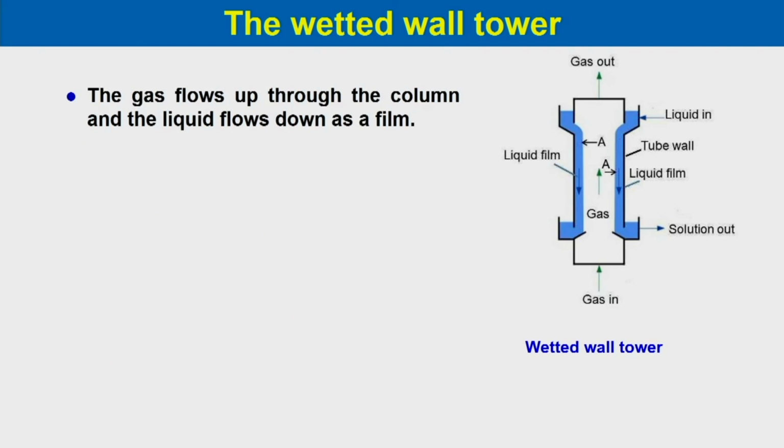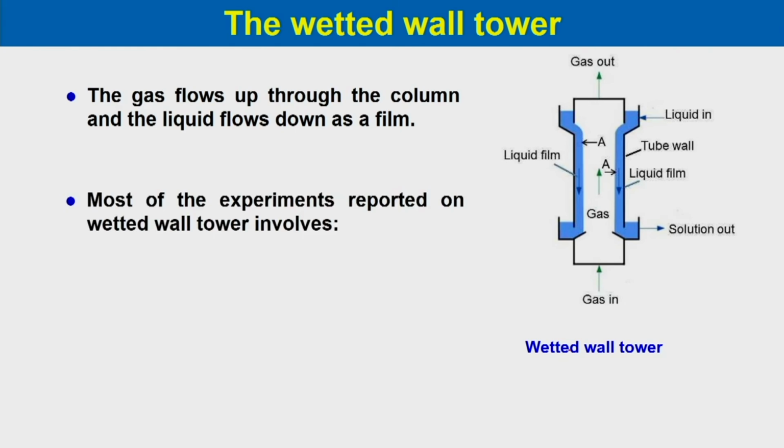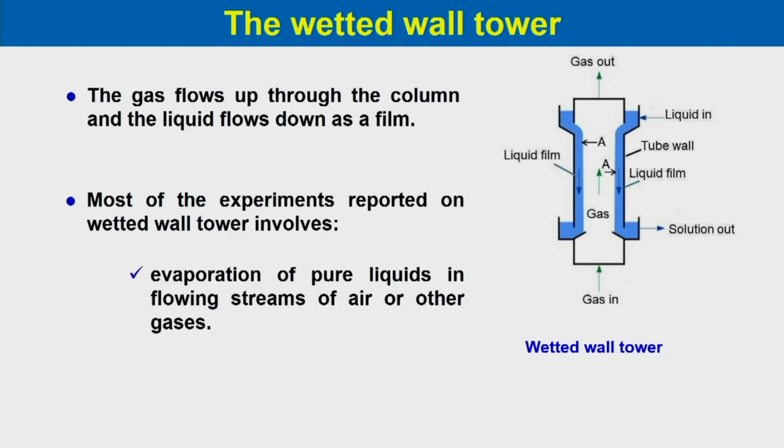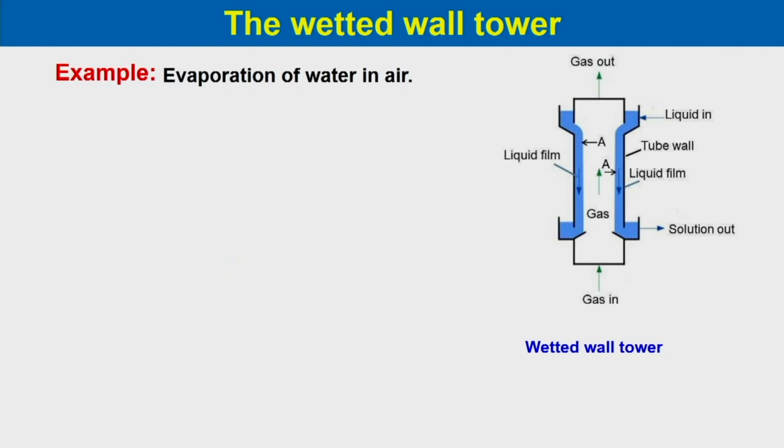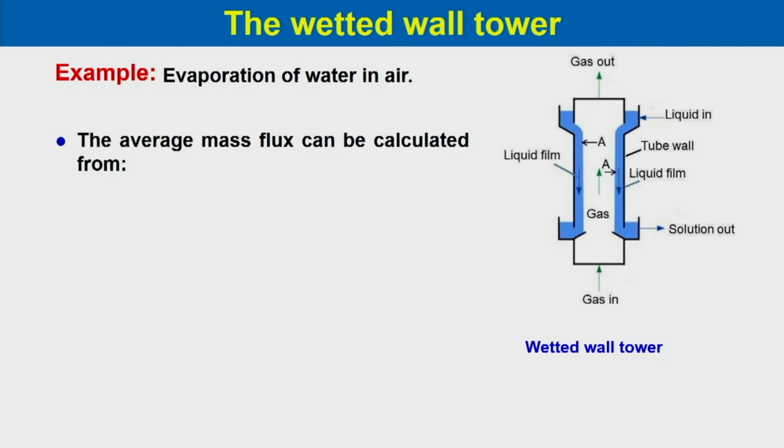The gas flows up through the column and the liquid flows down as a film. Most of the experiments reported on the wetted wall tower involve evaporation of a pure liquid in flowing streams of air or other gases, like evaporation of water in air, that is, in case of humidification.